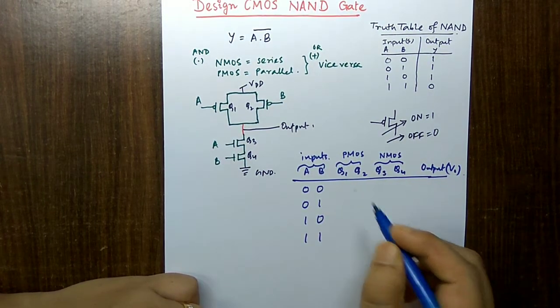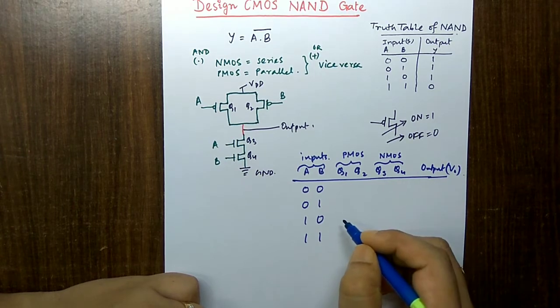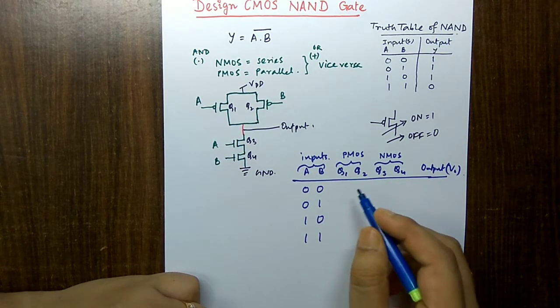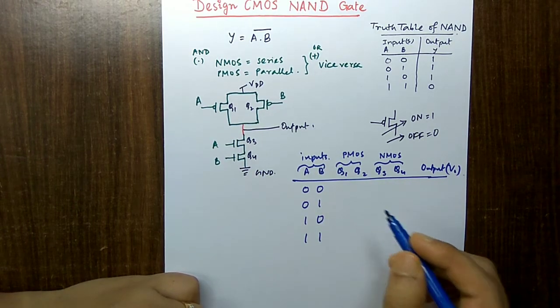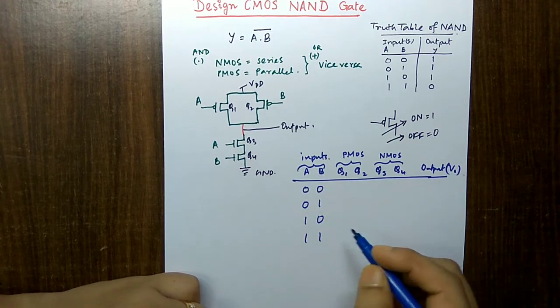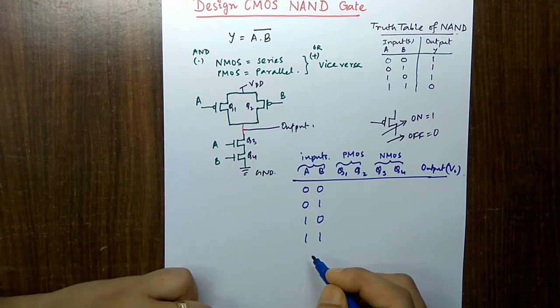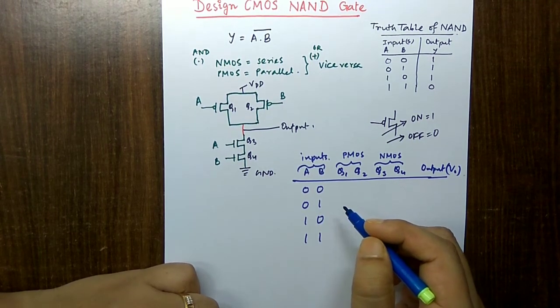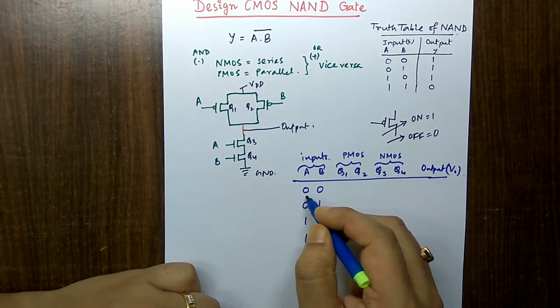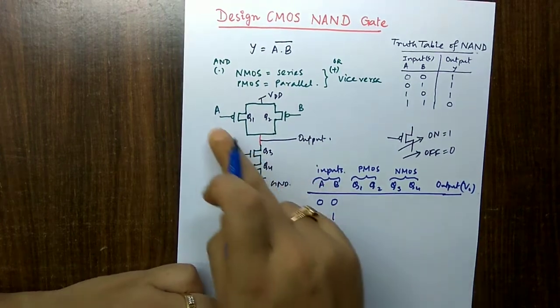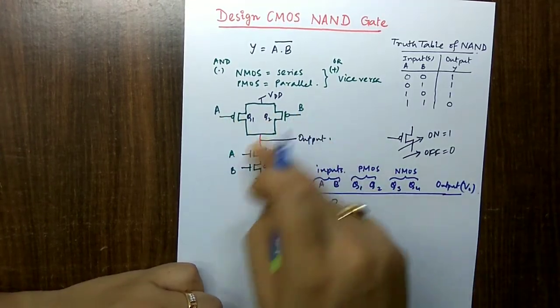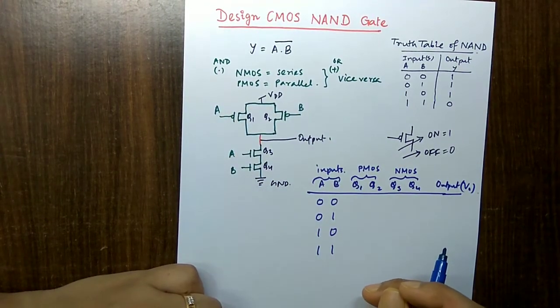Okay, now we will see which transistors are on and which transistors are off for what input level combinations. So these are all 4 cases. Let me start with the first case, case 1, that is if I place in every terminal of A and B all 0, what will happen?